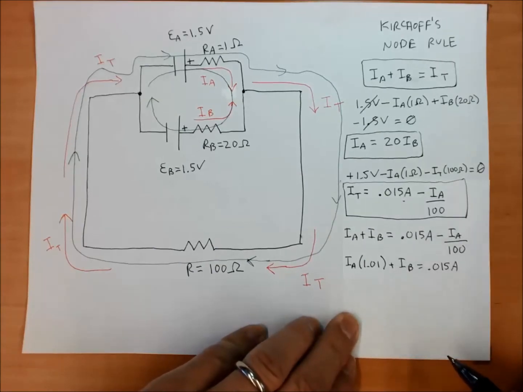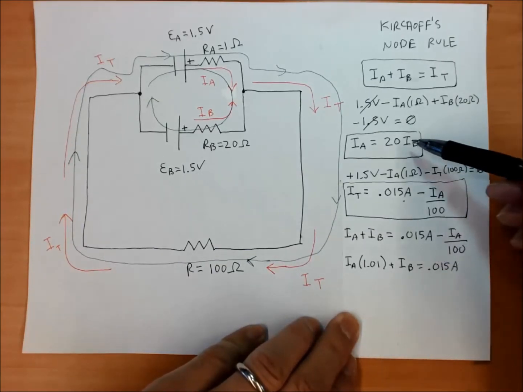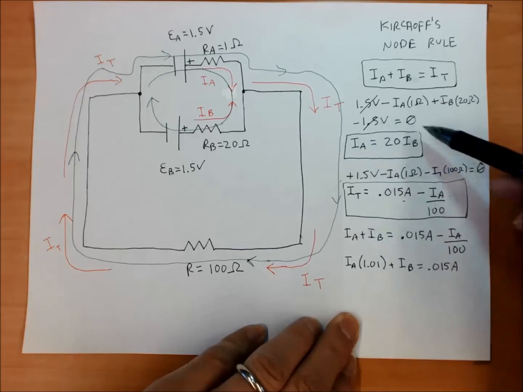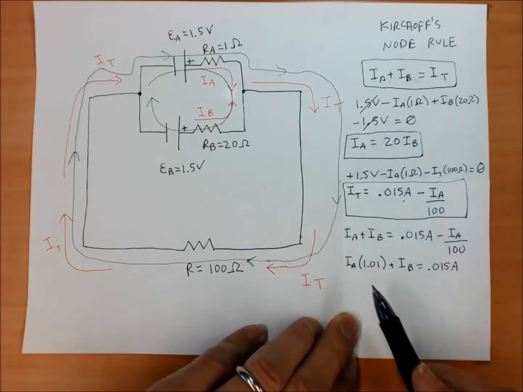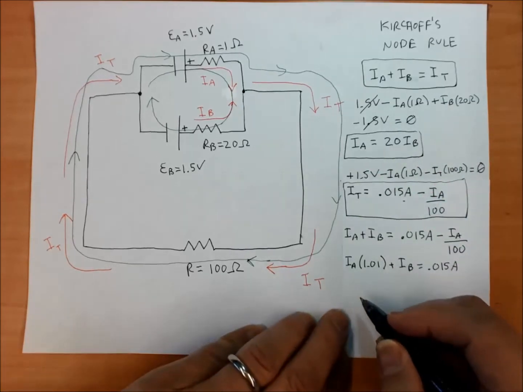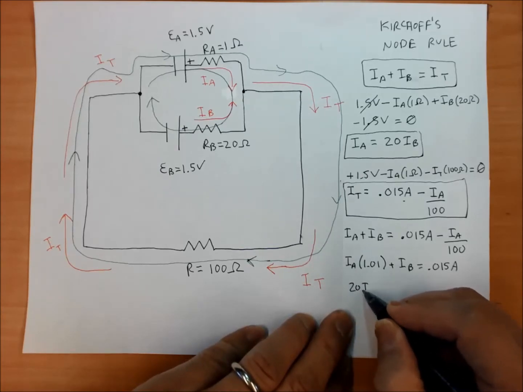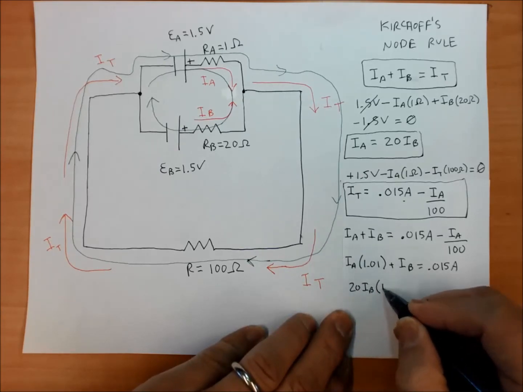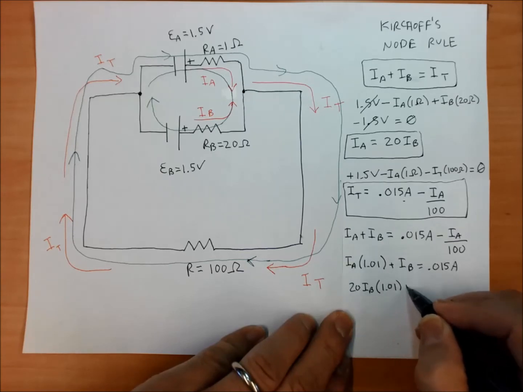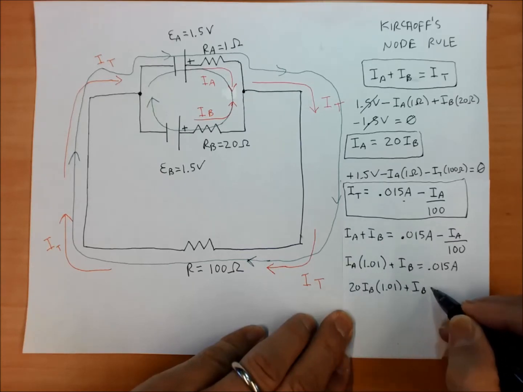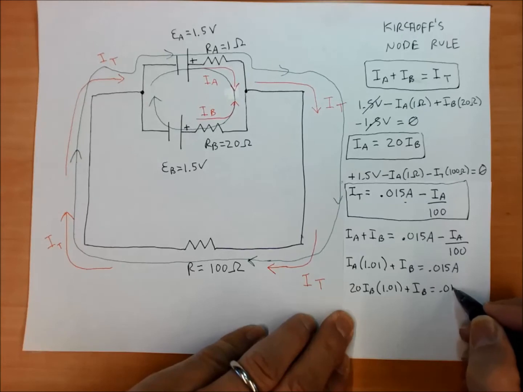Now I'm going to take this expression for I sub A equals 20 I sub B and substitute that into here. And when I do that, I have 20 I sub B times 1.01 plus I sub B is equal to 0.015 amps.